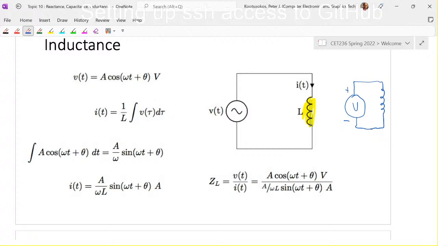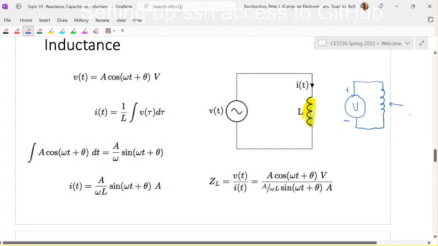Right? An inductor is just a wire. It might be a very long wire, but it's just a wire. So it has very, very little actual resistance, real valued impedance. So this is the same as a short circuit.